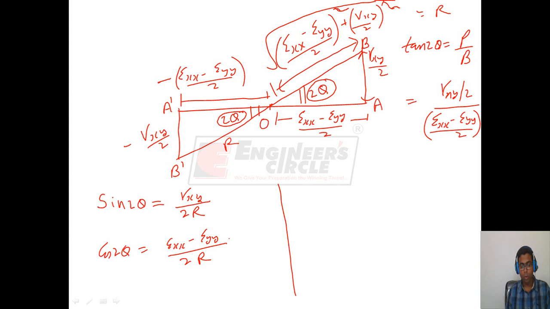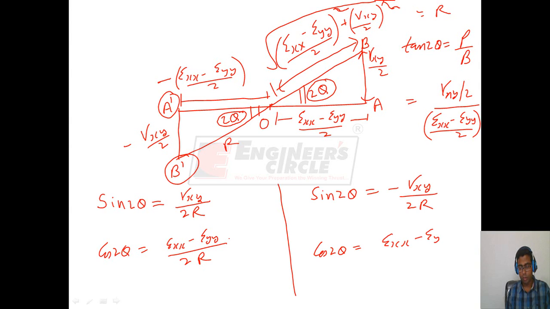Similarly, from triangle OA'B', we can write sin 2 theta equal to minus gamma xy by 2r, and cos 2 theta is equal to minus (epsilon xx minus epsilon yy) by 2r.